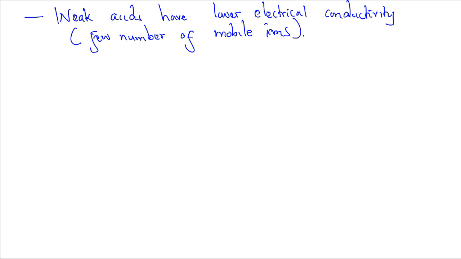So the number of mobile ions when in solution is lower than that in strong acids. And other examples of weak acids include methanoic acid and ethanedioic acid. Generally, all organic acids are weak acids because they ionize partially when in solution.